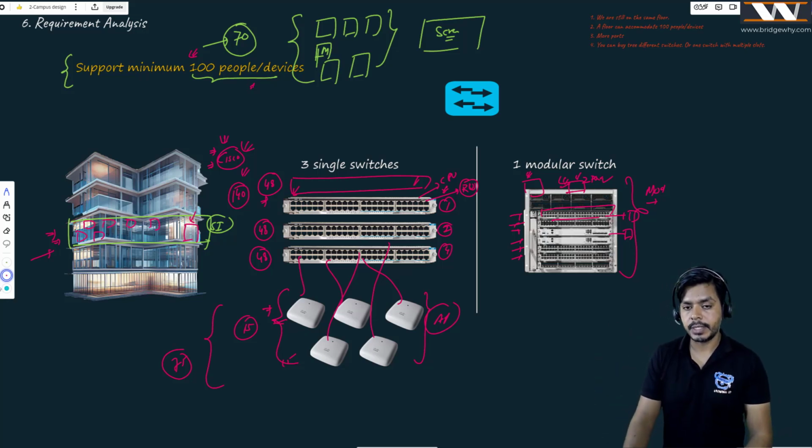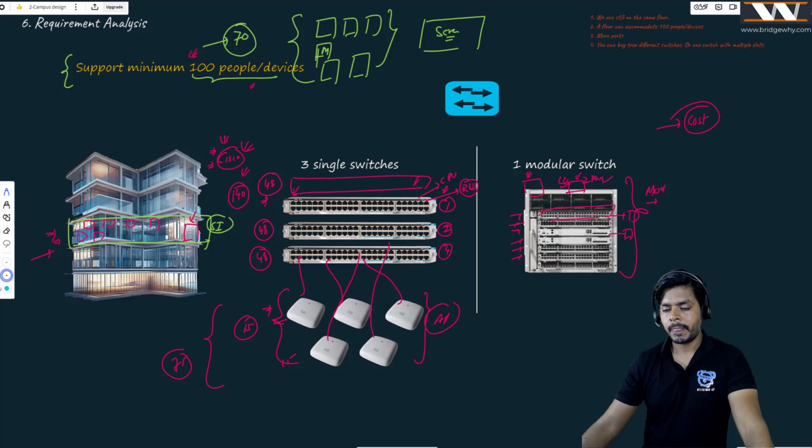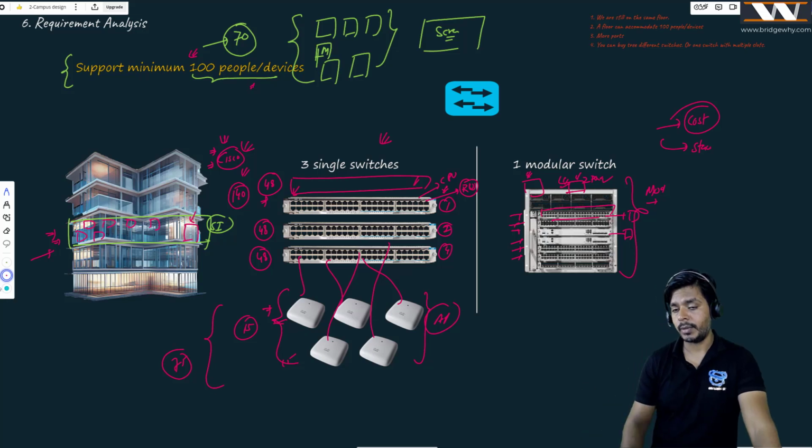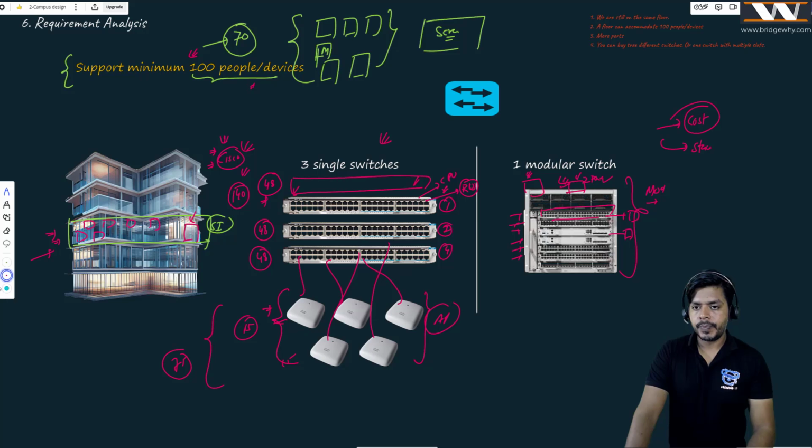On what basis do you decide whether you need 3 switches or 1, right? Cost is one of the major factors here. And for that, you need to understand a little bit about how to stack these switches. If we are talking about 3 single switches, we will talk about it in upcoming classes. But right now, we have multiple choices as always.